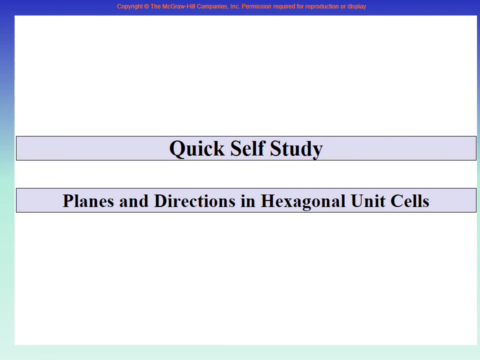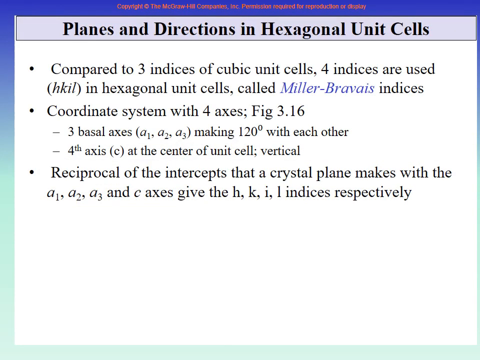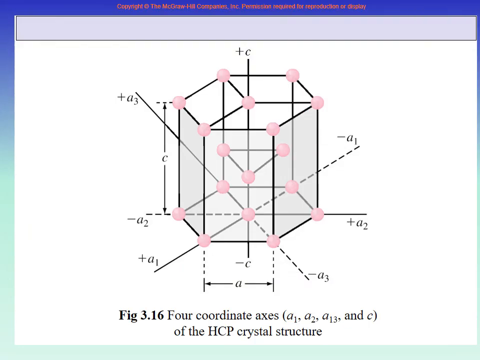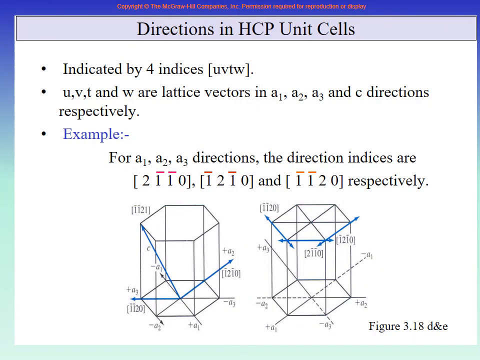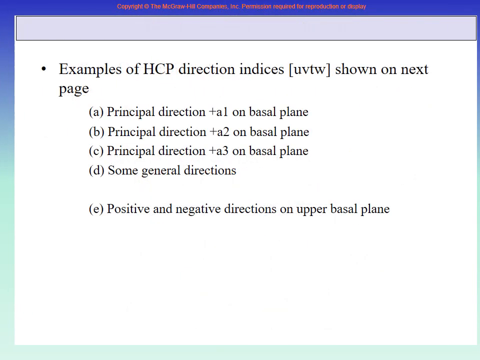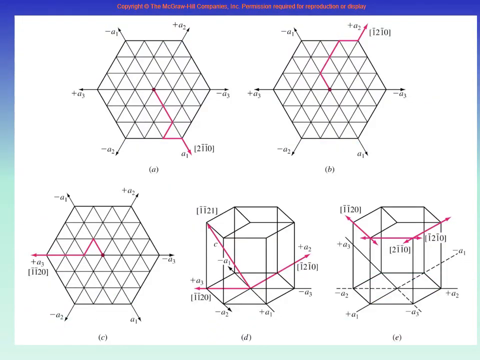I can ask you multiple choice or true false or small theory questions, but to make it easy this time, I will not give you a numerical problem from these few slides. But you read it with enough care so that a small theory problem from here, very short theory, or true false or multiple choice you can do. This slide, planes and directions in hexagonal unit cells, try to understand quickly yourself.